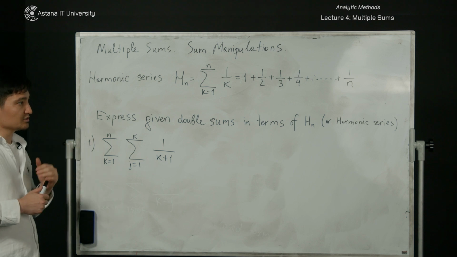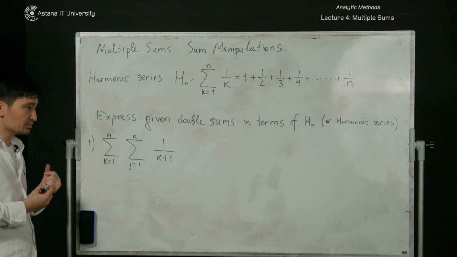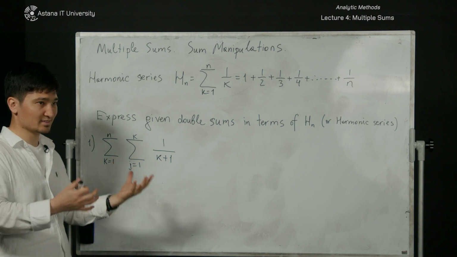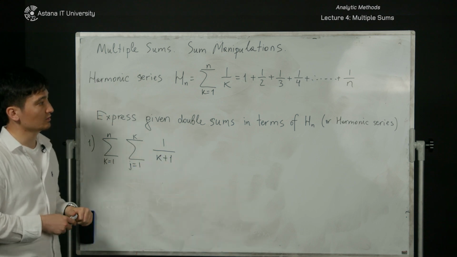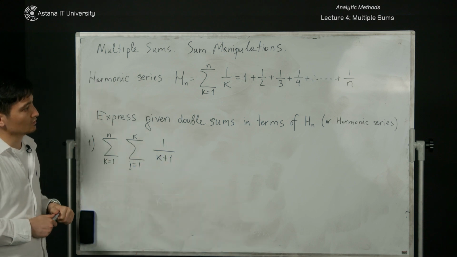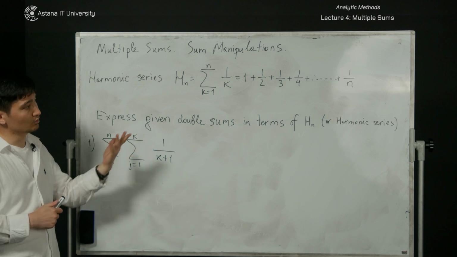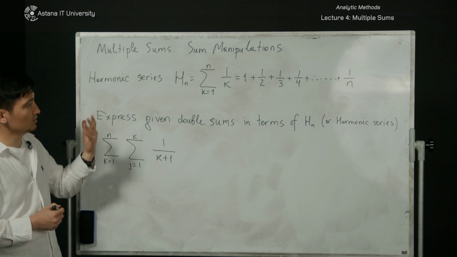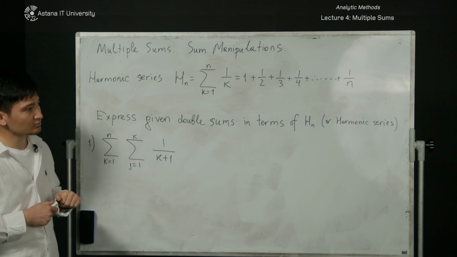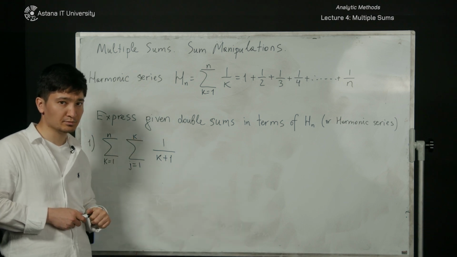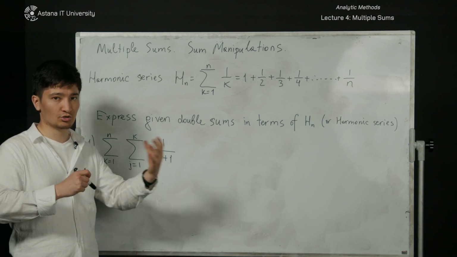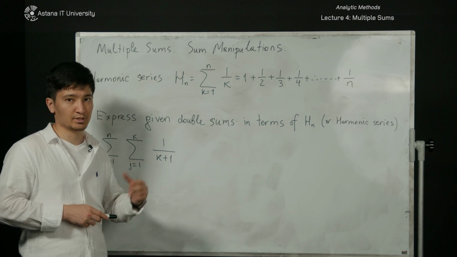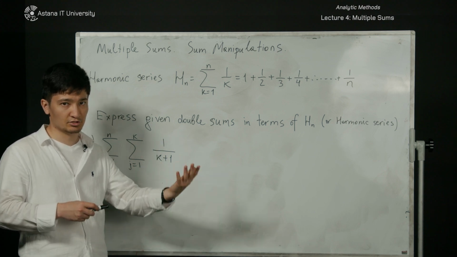Now we're going to use this to express double sums and even triple sums in terms of the harmonic series. And this is even related to more than that. Why? Because in many sorting algorithms, we want to show their efficiency, right? Best case, worst case, and average case efficiencies.